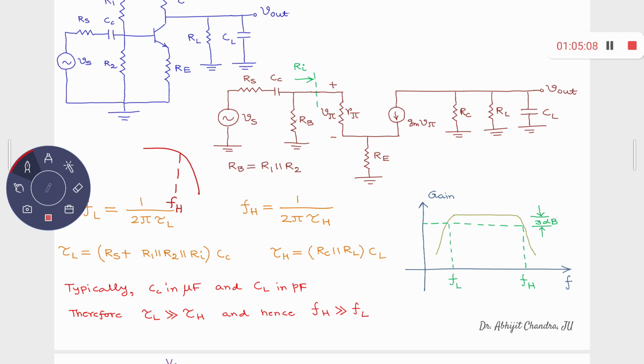Then ultimately, because of CL, the bandwidth will be in the range of few tens of kilohertz or hundreds of kilohertz. It cannot move towards megahertz. That means in that case the CL will interfere with the high frequency response, which you don't want.